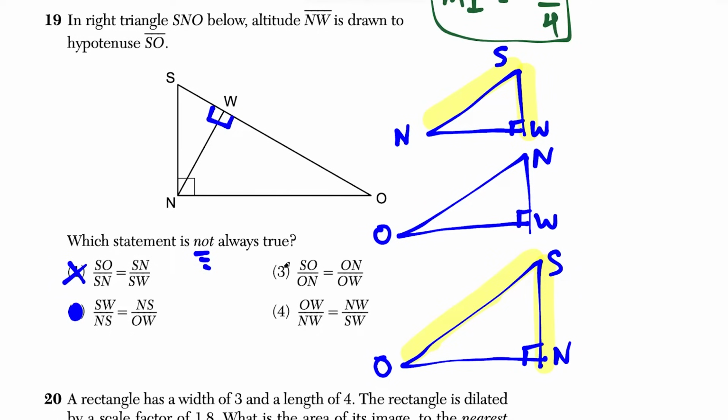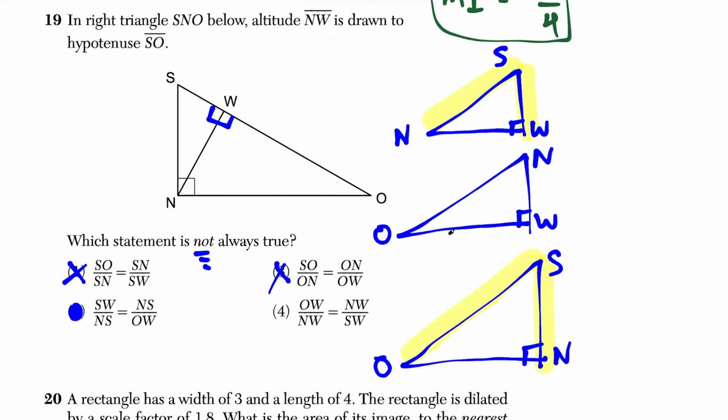So now we're looking at SO over ON. So that's the big triangle. SO over ON is looking at the bottom side here, so hypotenuse to the bottom side. And now ON and OW is the medium triangle. So we have NO over OW, which is the hypotenuse to the bottom side. So these ratios here are going to be equal. So I'm going to chop this one off. And now for the last answer choice, we have OW over NW.